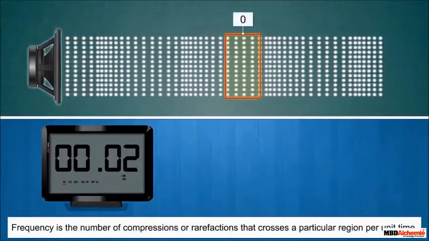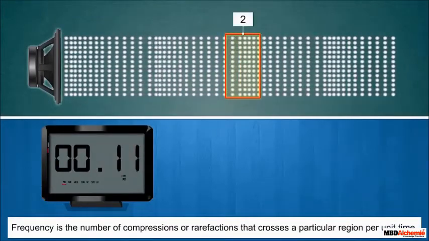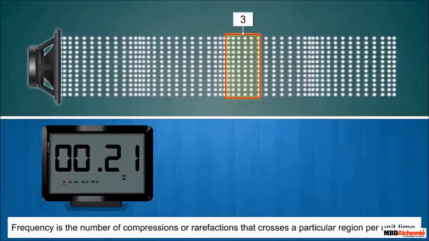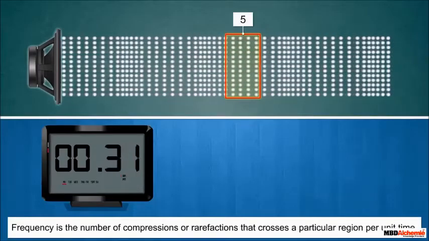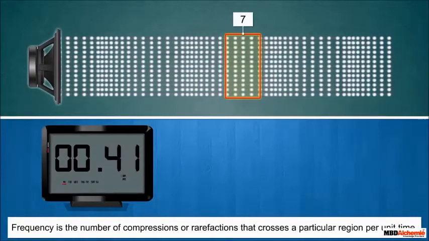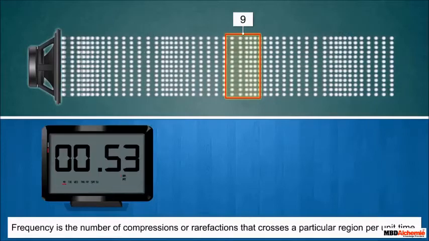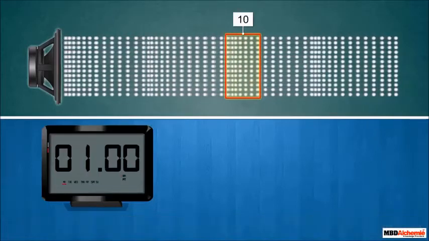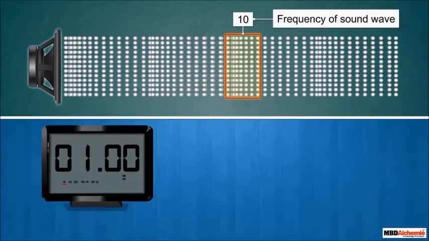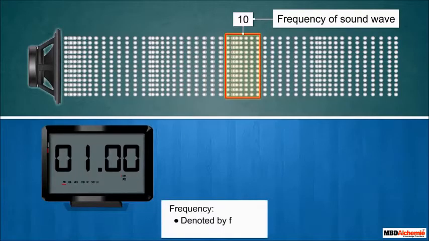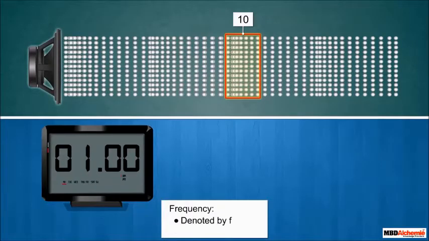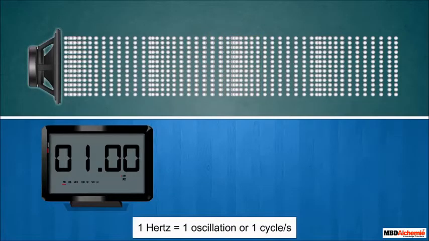Similarly, if we count the number of compressions or rarefactions that cross a particular region per unit time, we will get the frequency of the sound wave. Frequency is denoted by the symbol F and its SI unit is Hertz. 1 Hertz is defined as 1 oscillation or 1 cycle per second.